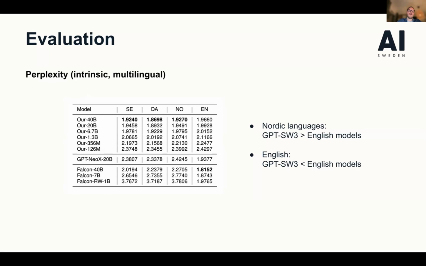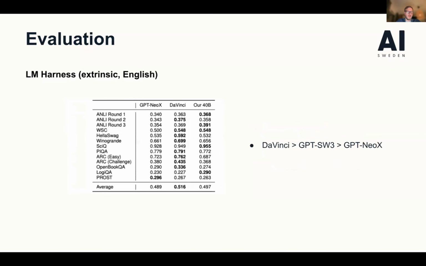And not really surprisingly, our GPT-3 model is better than all the English models at Swedish, Danish, and Norwegian, and it is worse in English, but actually not too far away in terms of perplexity from GPT-NeoX, if you compare it, 1.97 compared to 1.94. But that's certainly good, that our model is better in perplexity for the Nordic languages.